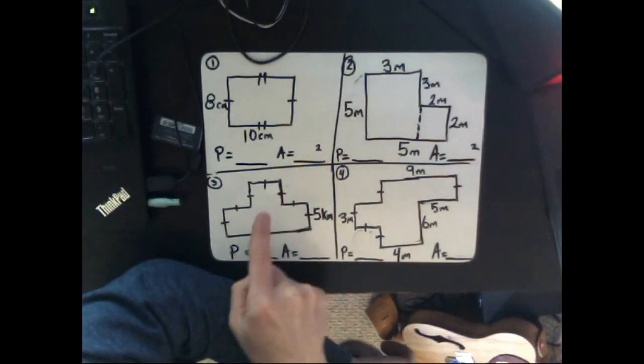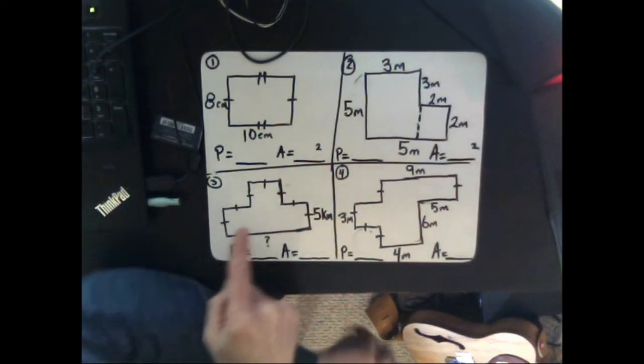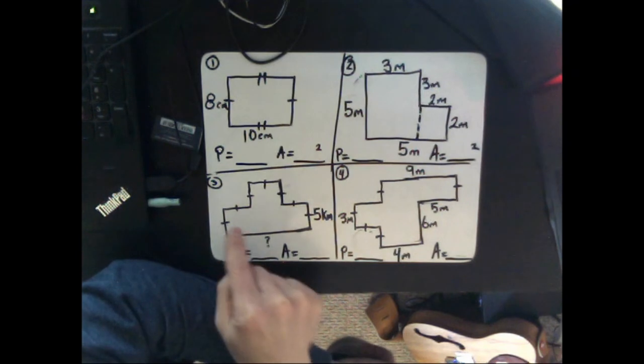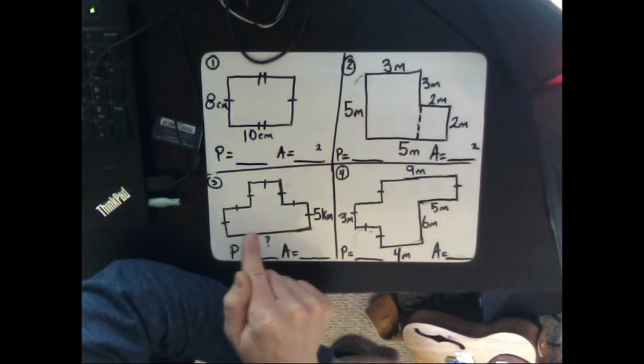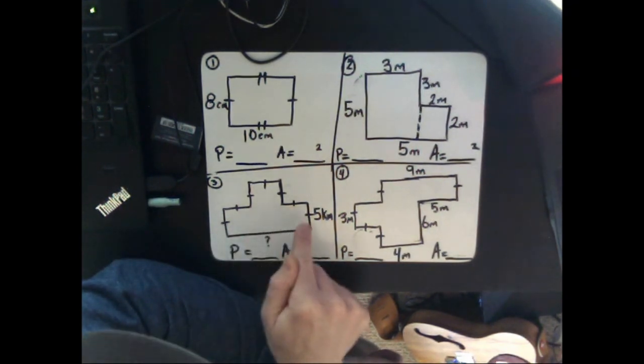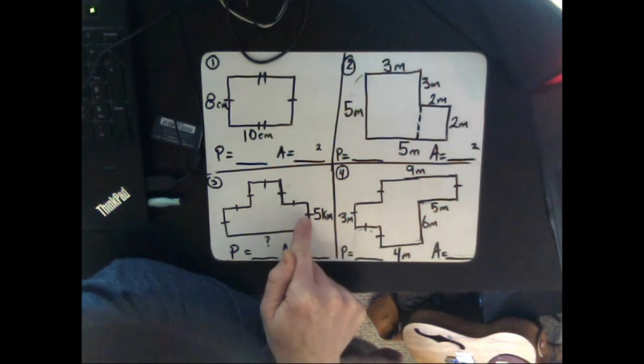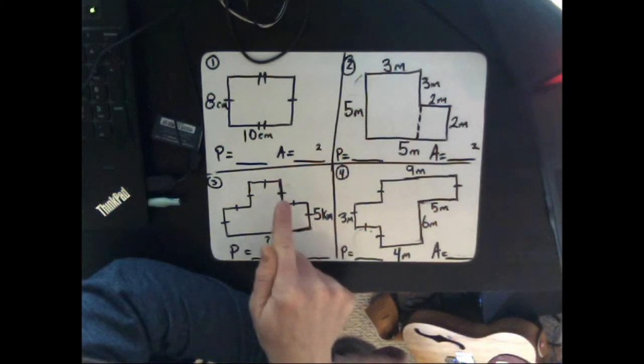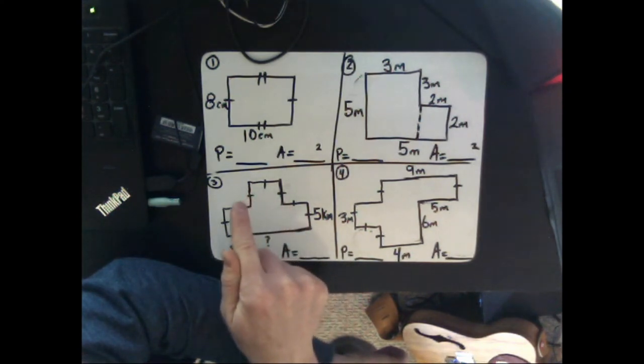Number 3, a little bit more of an extension here, same thing. And I'm making you do some critical thinking here. So this side right here is 5 kilometers. Now look at all these lines. Any side that has a line on it means it's 5 kilometers. So I put a line here, a line here, a line here, here, here, here, and here.